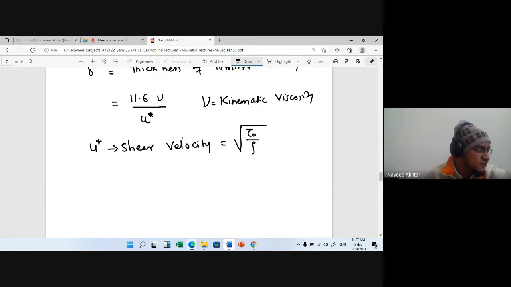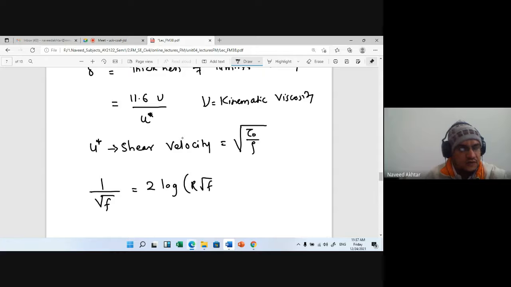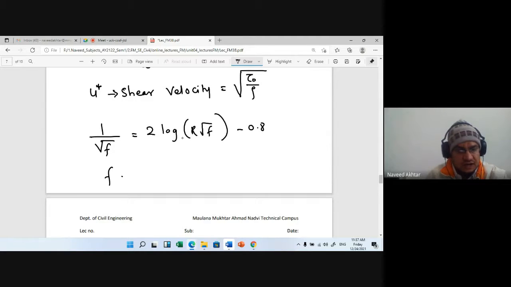And for that the friction factor is 1 upon under root of f is equal to 2 log R under root of f minus 0.8, or in terms of friction factor, F is equal to 0.0032 plus 0.221 upon R to the power of 0.237.